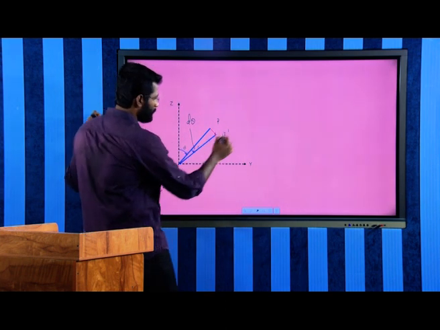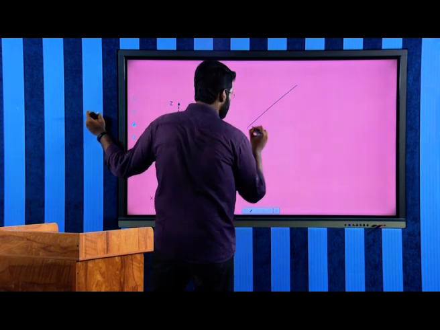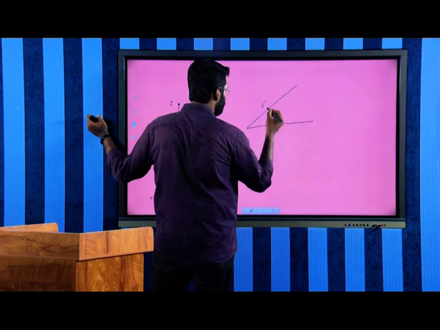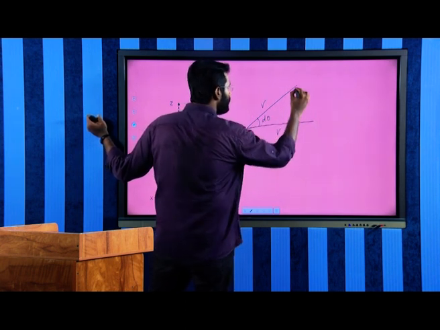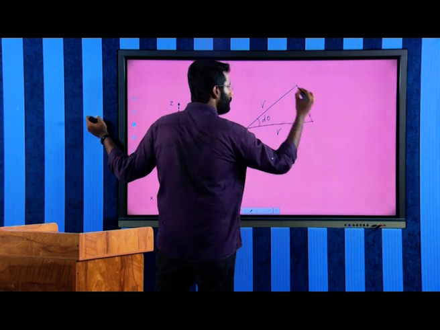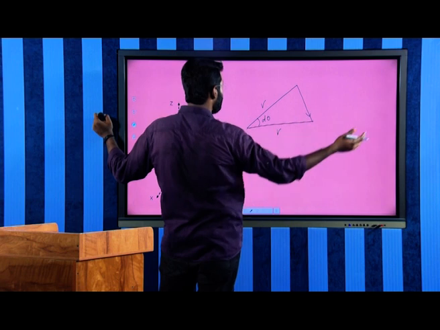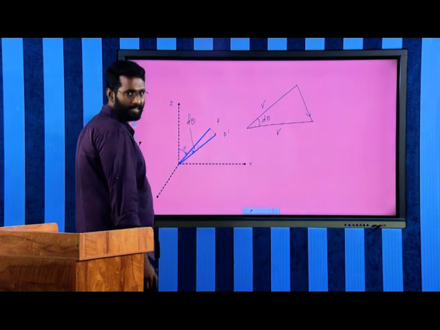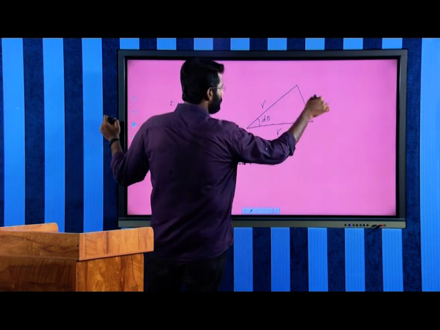Let me draw it a little bit larger, no problem. So, this is r, and this is r, and this is theta. Now, this is our element, which is directed along the direction of theta cap. Let me call it some unknown quantity for now.